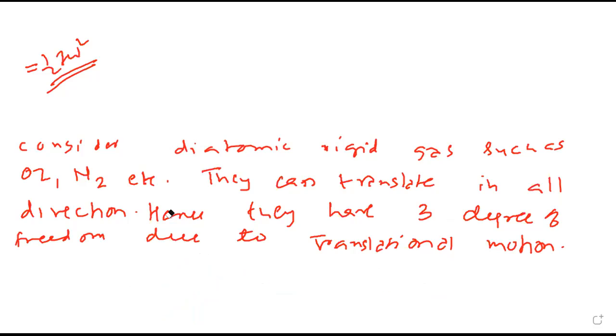So if we consider diatomic rigid gas molecules such as oxygen, nitrogen, hydrogen, they can translate in all directions and give 3 degrees of freedom.